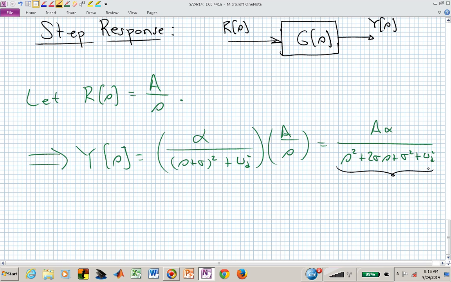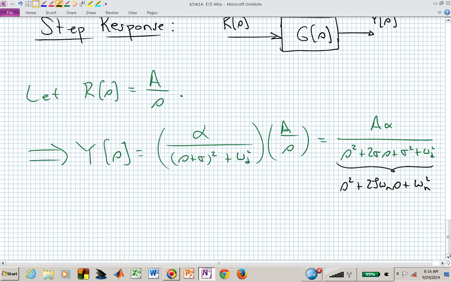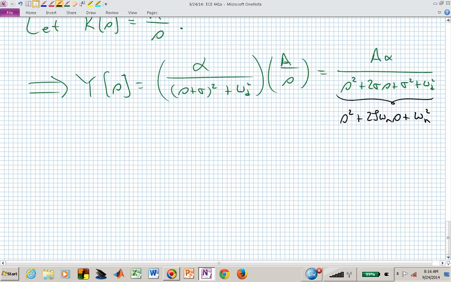Or we could write it in terms of the natural frequency and the damping ratio zeta. All of those parameterizations are possible.